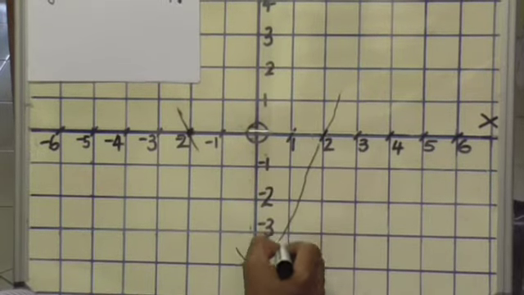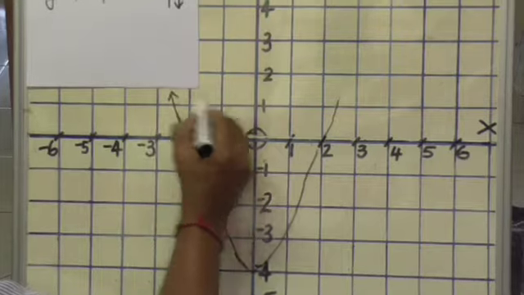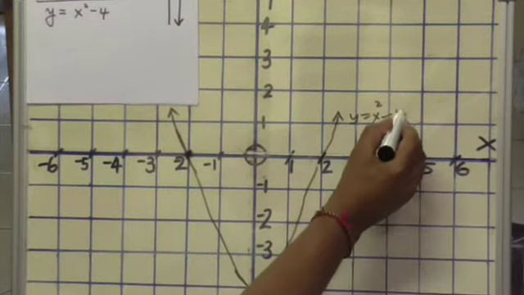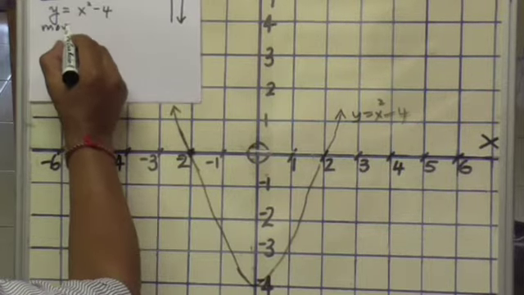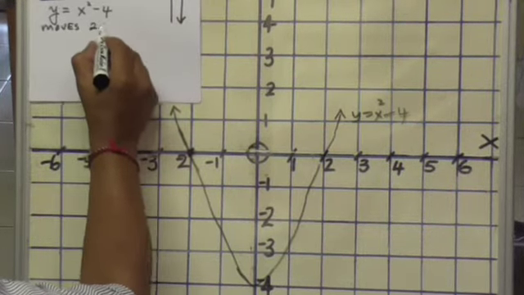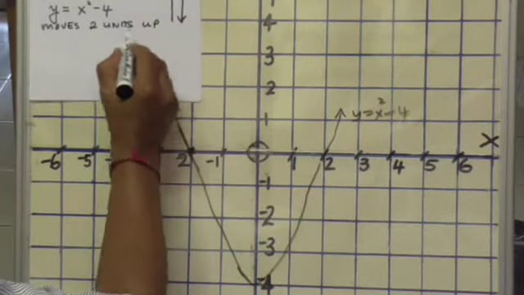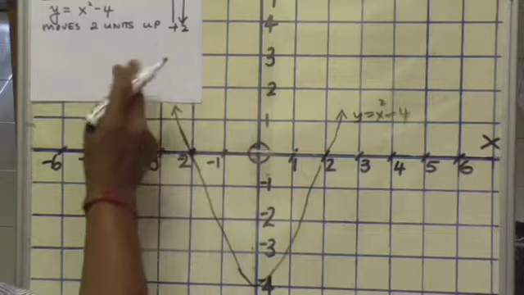So that's a graph of x squared minus 4. Now let's say this graph moves 2 units up. If it goes 2 units up, it's simply plus 2. Now what happens?